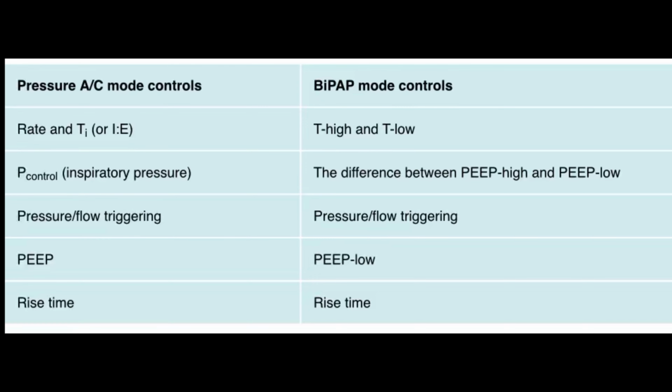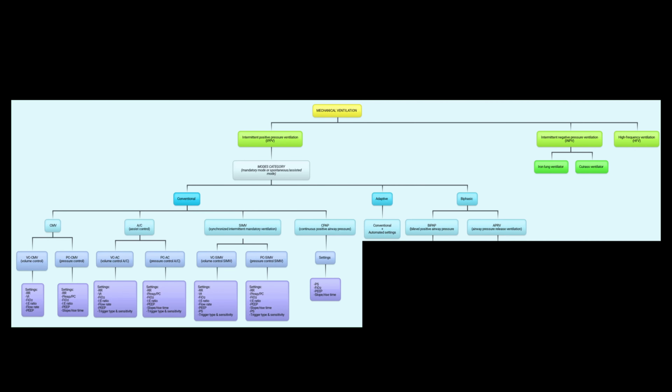In theory, the BiPAP mode is beneficial for active patients only. It can also be used for passive patients, but it's no better than conventional volume assist control or pressure assist control mode. Now, how about APRV, the airway pressure release ventilation?